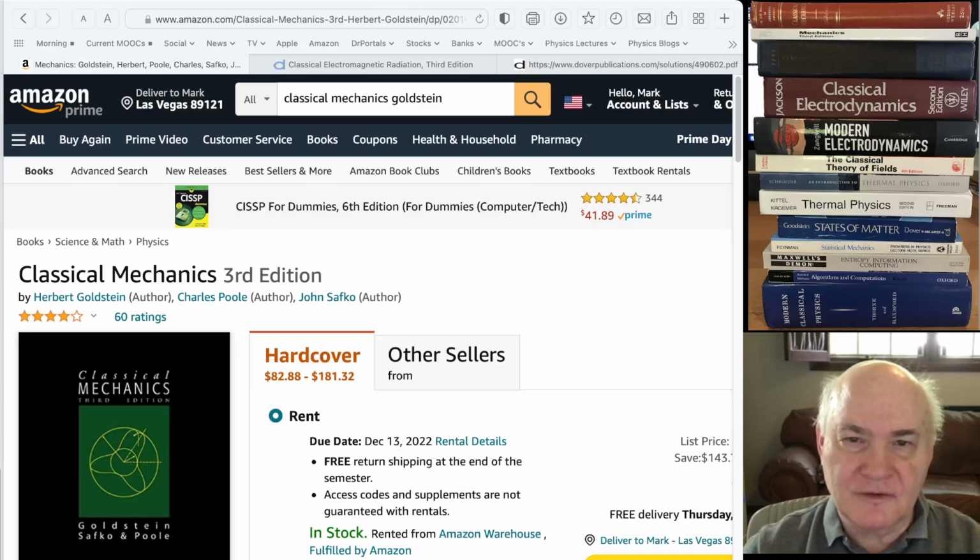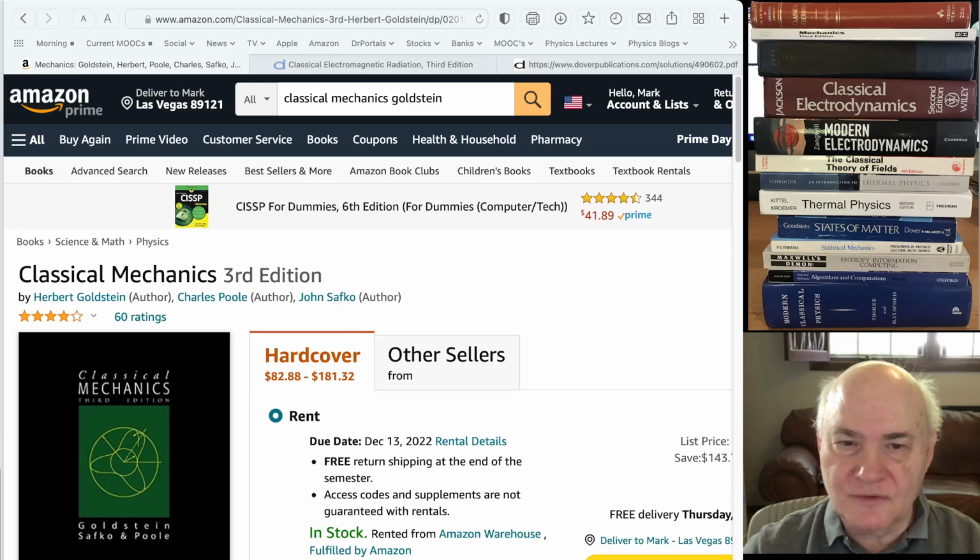He covers classical fields. He has a fairly good chapter on relativity. The notation is all up to date. He's added chapters on chaos and perturbation theory in classical mechanics. So it's an excellent book, and it's not a difficult book. And I would recommend just using this book rather than an easier undergraduate book.